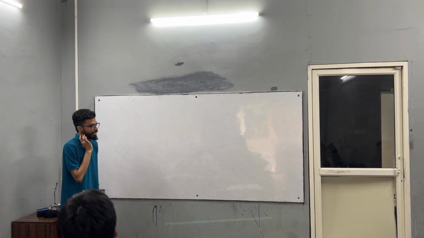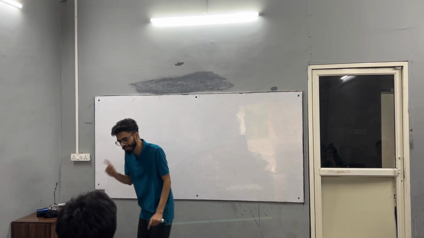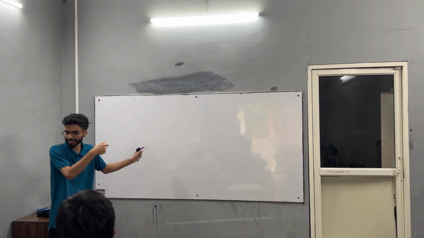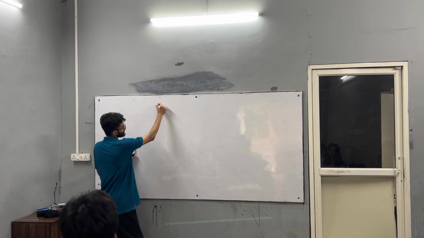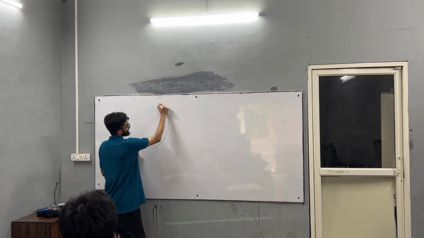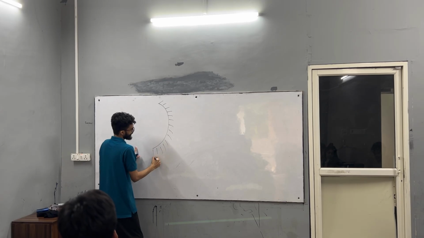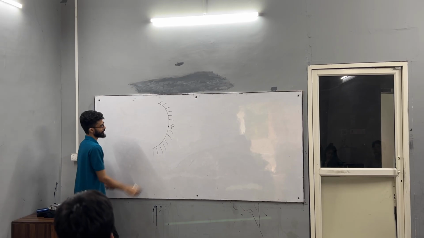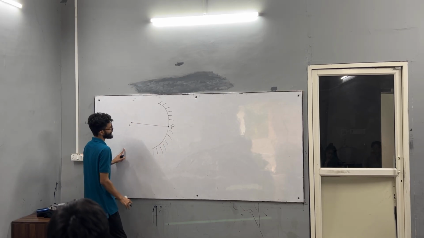Now we just discussed if a light ray passes through the center of curvature, where will it be reflected? In the same direction. So now if I take a concave mirror, this center of the mirror, what is it called? Pole, and the center of the sphere is the center of curvature.